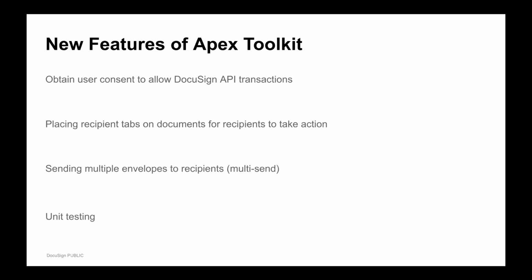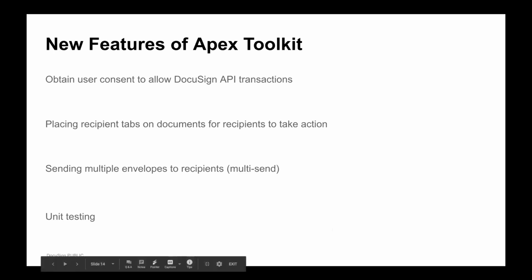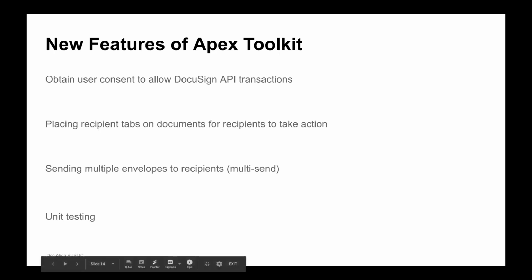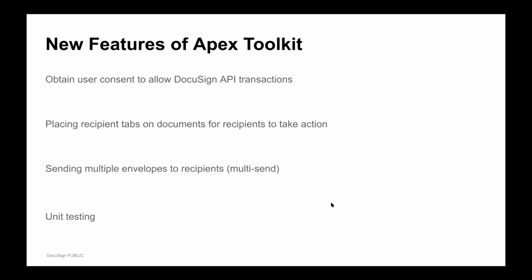Another good example for multi-send would be if a company wants to complete a complex sales transaction that involves items from different vendors. So the envelopes that are sent are unique and respective to each of those vendors involved in the sales transaction.